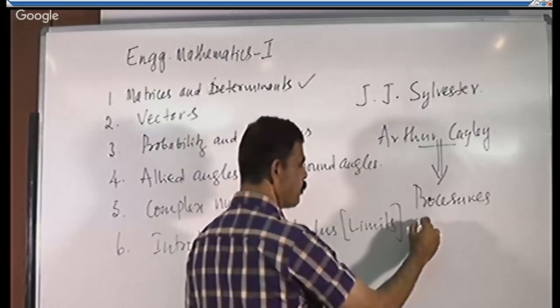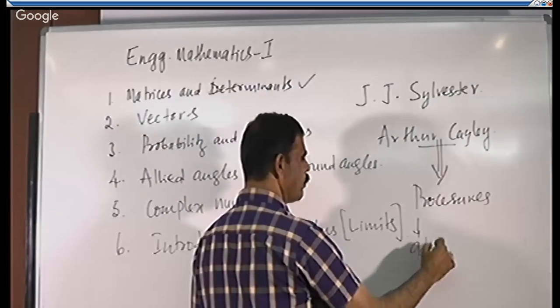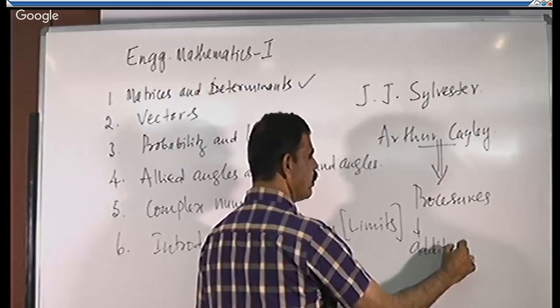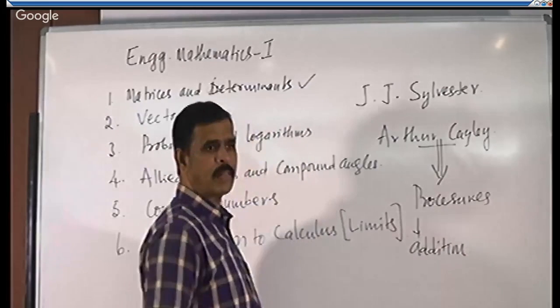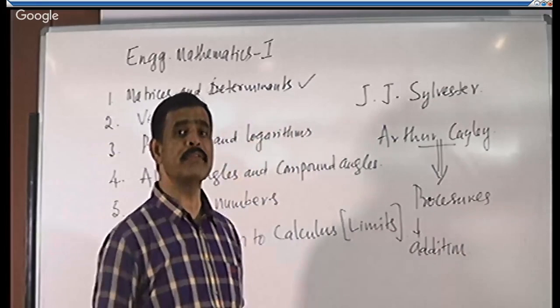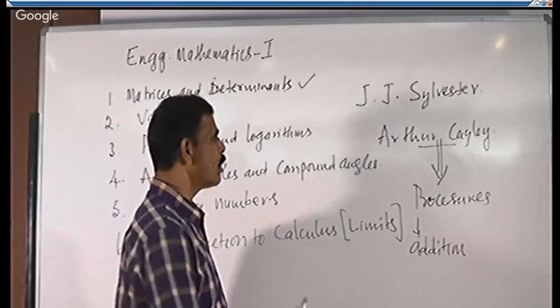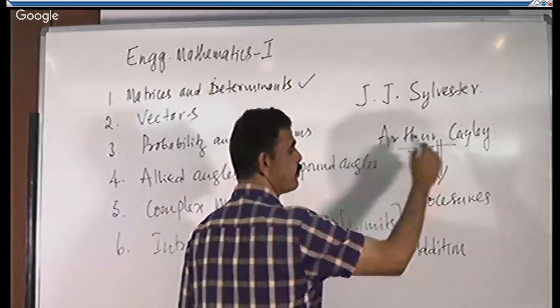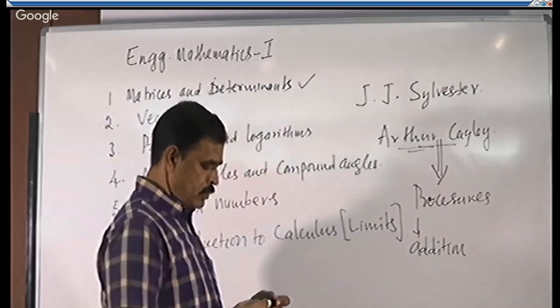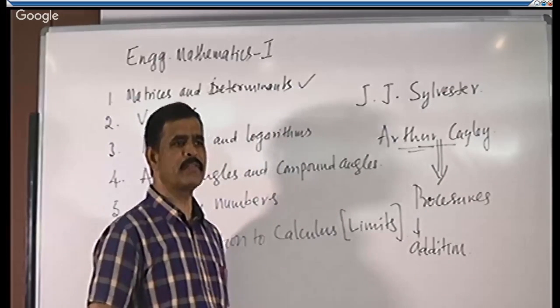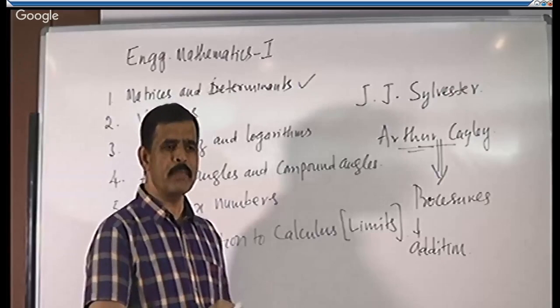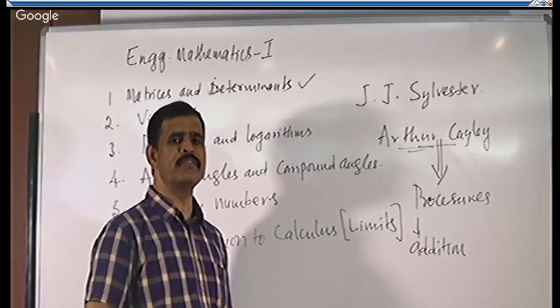That is, matrix addition, matrix subtraction, matrix multiplication, and other things. He was the pioneer of matrices. So this matrix will be very much useful in all the fields of engineering.